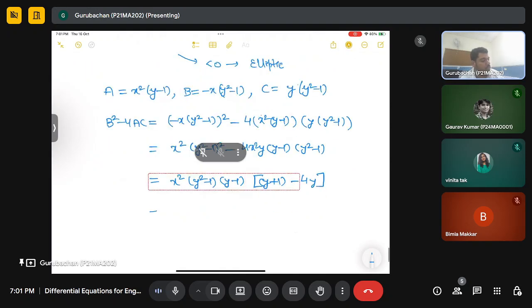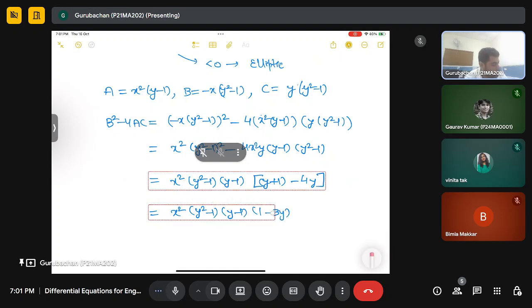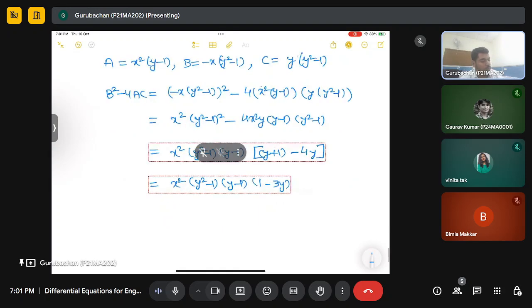So this will give us y square minus 1, y minus 1, 1 minus 3y. Whether it is positive or negative, we have to judge from here.